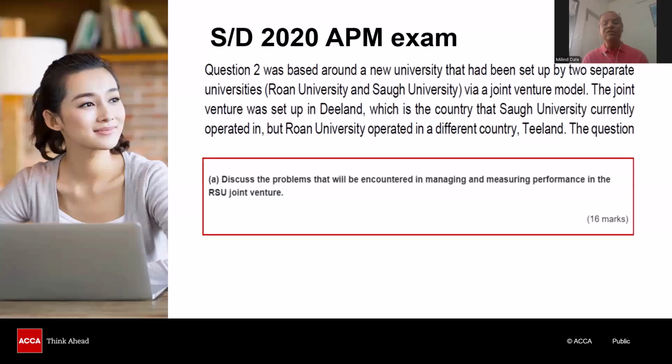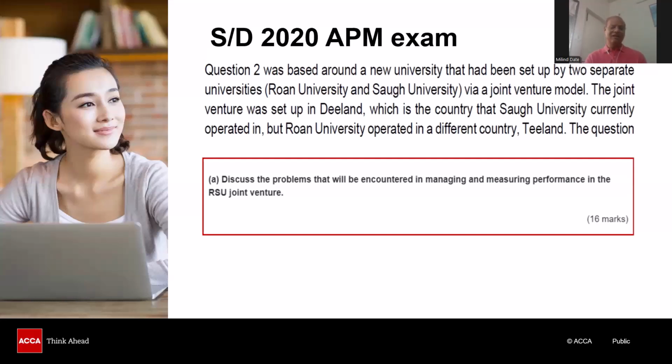The verb used is discuss. So merely identifying the problems is not going to be sufficient. No. You should comment on how the identified problem is likely to impact both the management and measurement of performance.